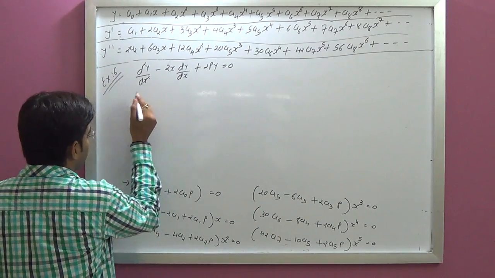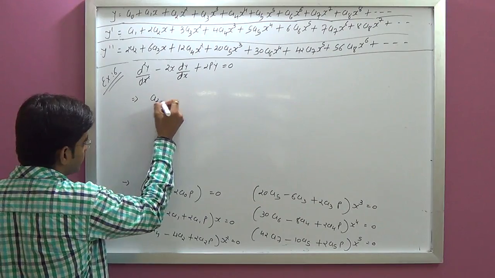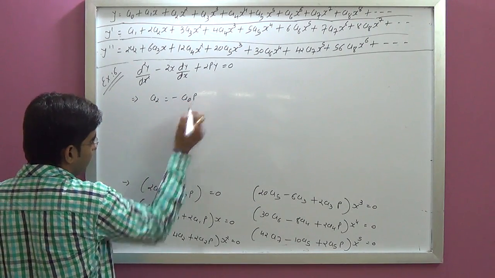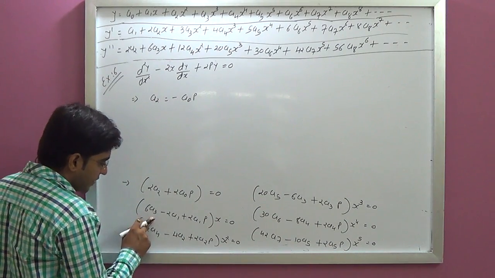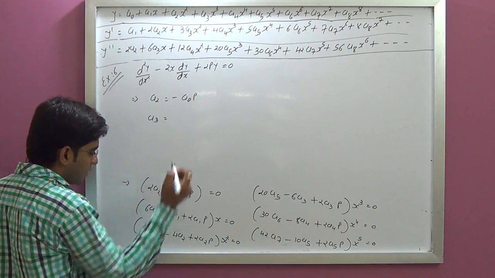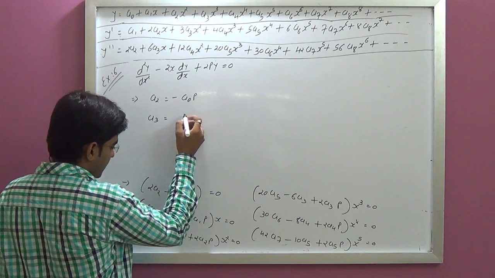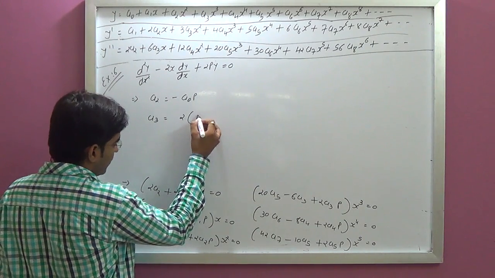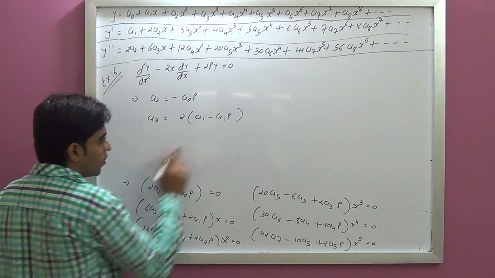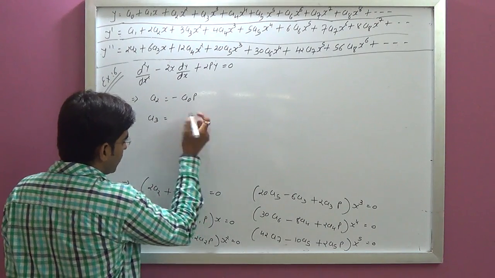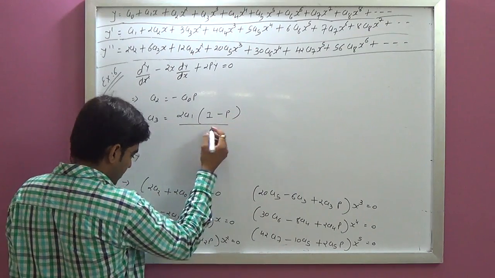Now next step, second, that means here a2 equals minus a0p, right? a0 will go, the 2 and 2 cancel, right? Second, a3 equals 2a1 minus a1p, right? 2a1 common, that means our side is 1 minus p upon 6.